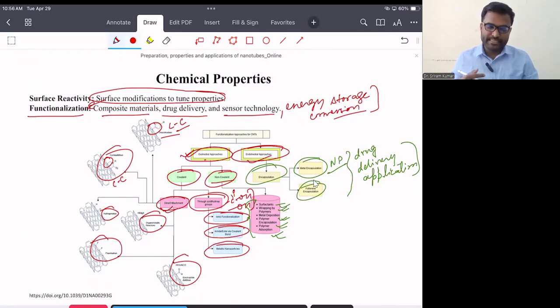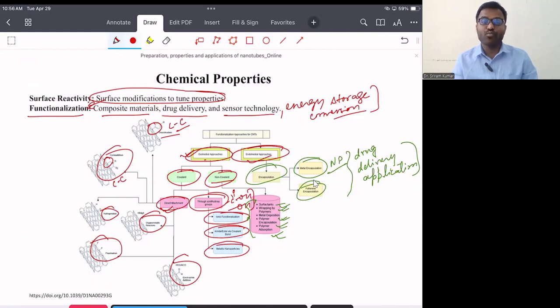We understood in detail what kind of modification we can perform. I will make a separate video only on the chemical properties and functionalization of CNT, so that we will understand how we can functionalize a particular functional group on the CNT backbone.